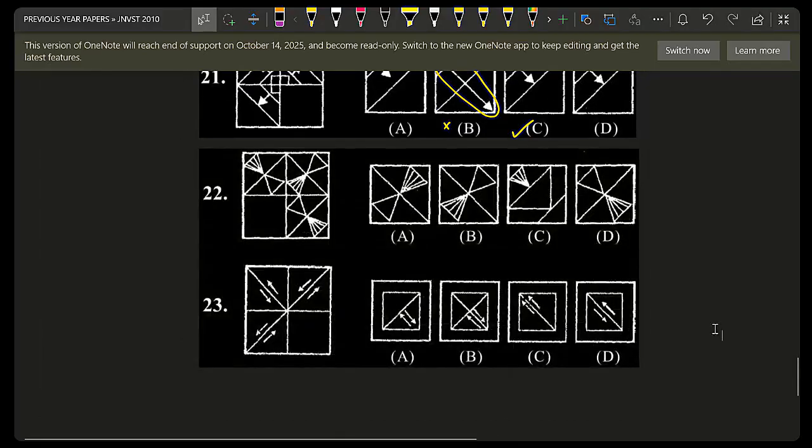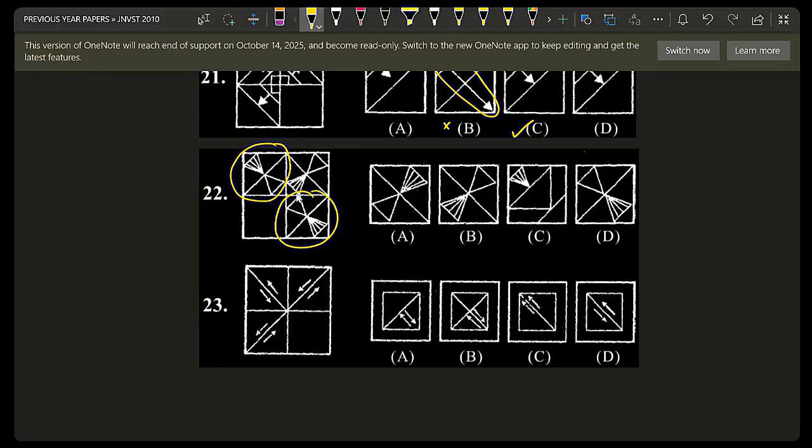Yes, 22. You look at the pattern carefully. So what is happening here? You observe this part and this part, they are mirror images of each other when you place a mirror on the dotted line.